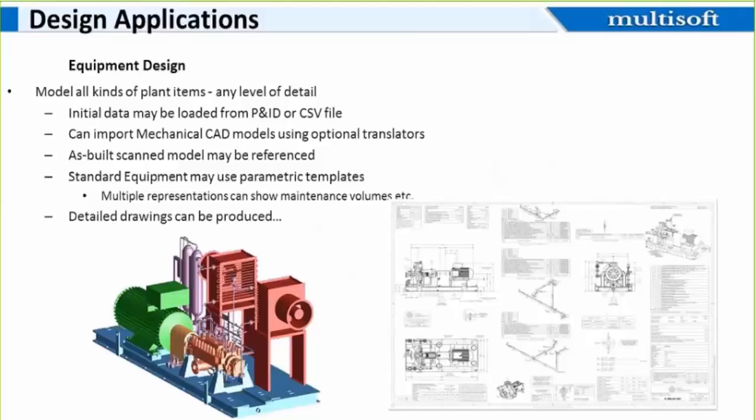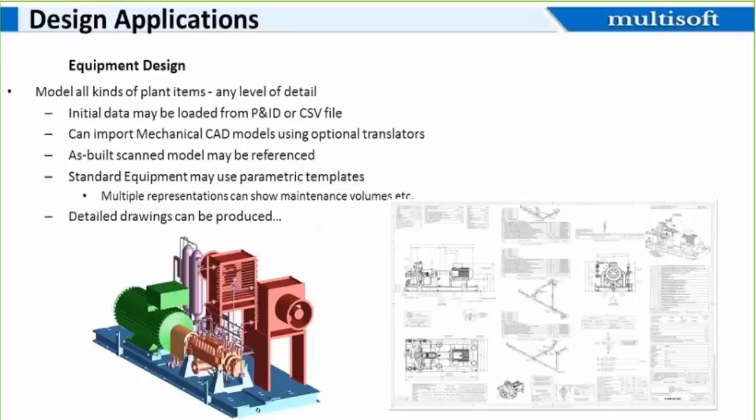There are interfaces using which we can import equipment modeled in those software into PDMS, thus saving time and man hours in a project. If not, then equipment can be modeled within PDMS itself using an option called standard model equipments. And these standard equipments can be used to create equipments in PDMS.